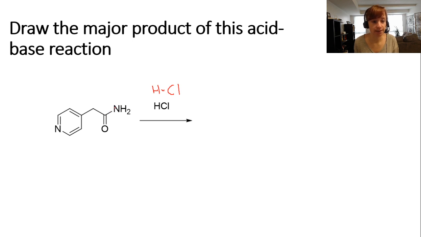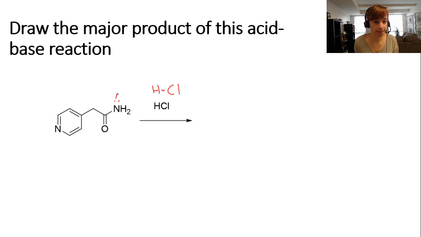So in this case, the nitrogen atom is the most basic group compared to the oxygen atom. That will be the nucleophile, it's going to attack HCl. Okay.